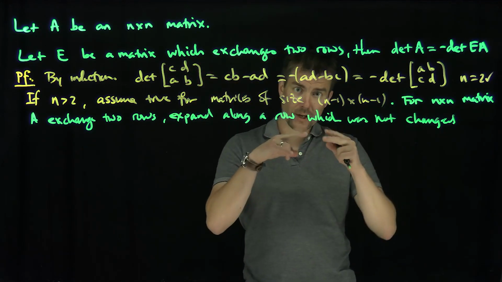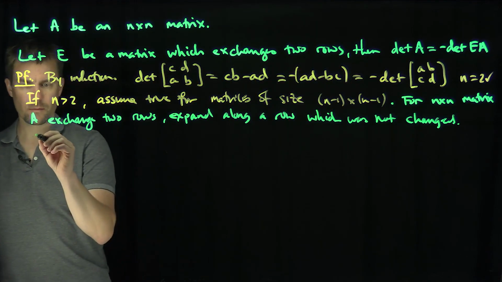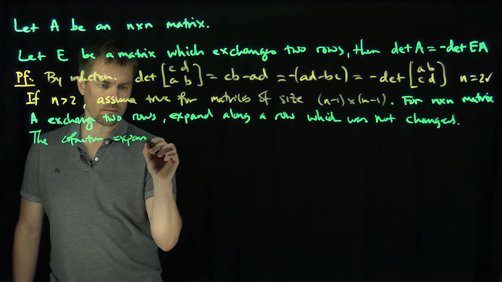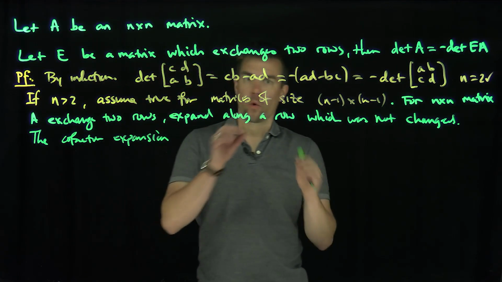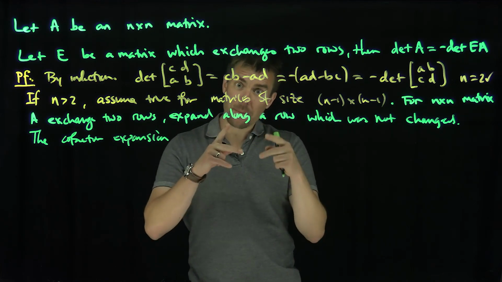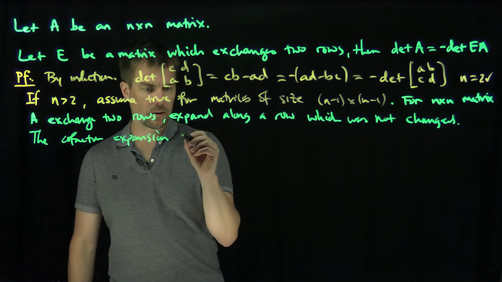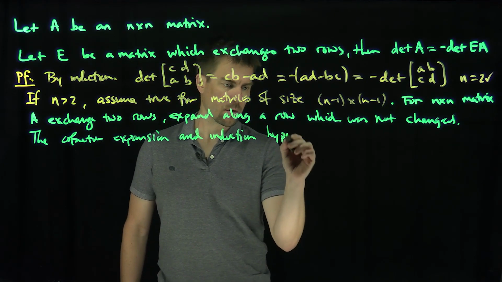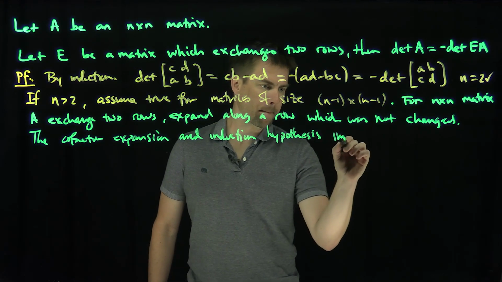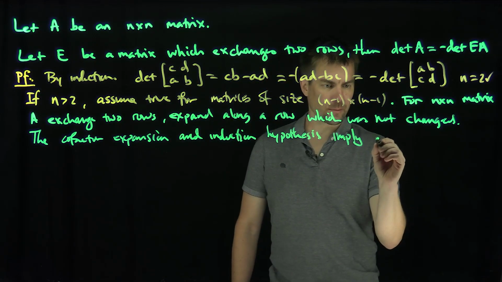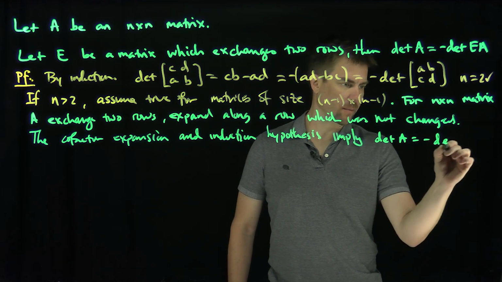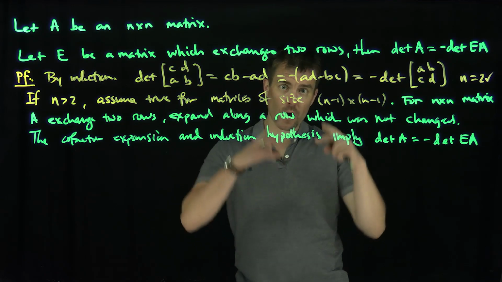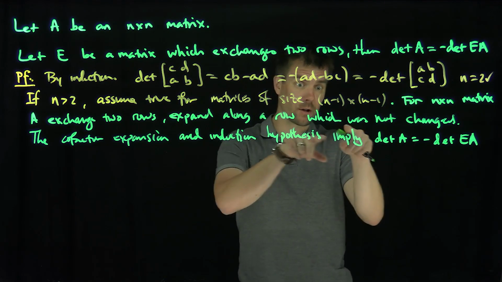Now, the resulting cofactor expansion will be of matrices of size n minus 1, and the induction hypothesis implies that the determinant of A is the negative of the determinant of EA, because you can use the induction hypothesis on those n minus 1 by n minus 1 matrices where the two original rows have been flipped, since I expanded along a row that was not changed.